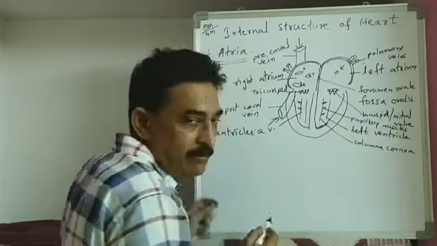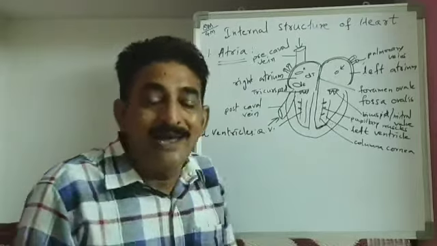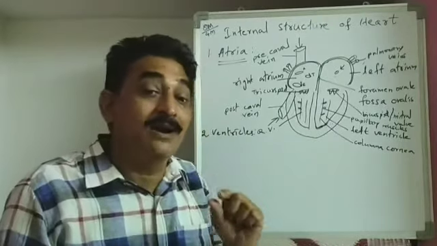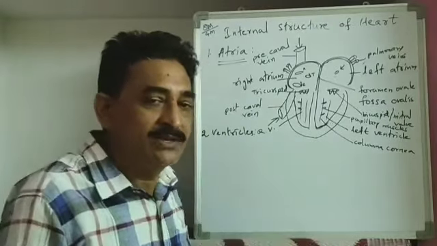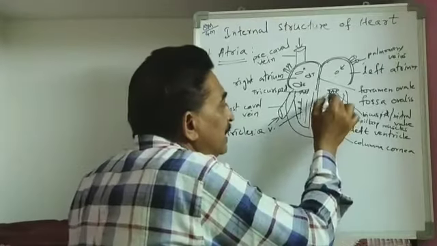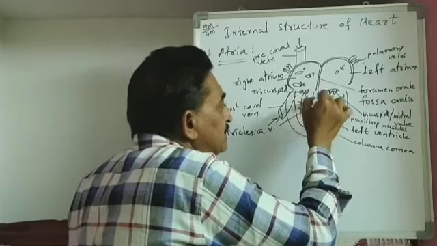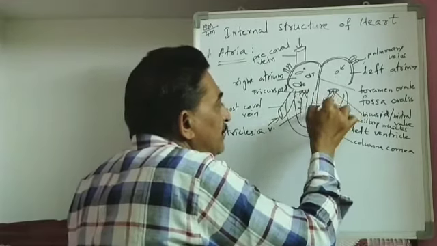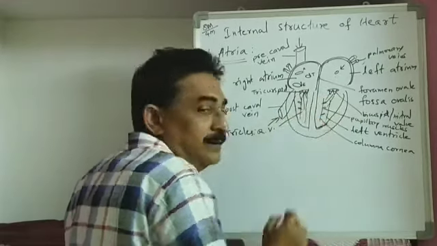From the papillary muscles, collagenous strings, also called chorda tendineae, arise and attach to the tricuspid and bicuspid valves.